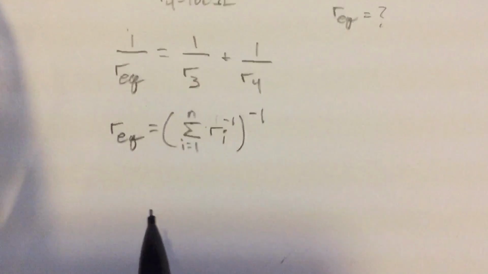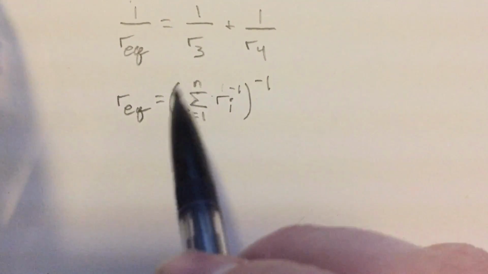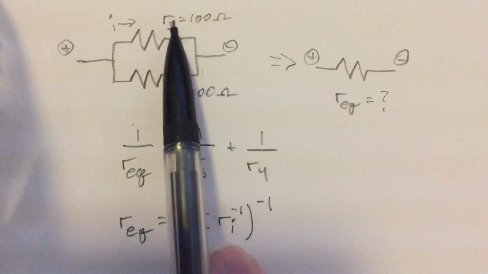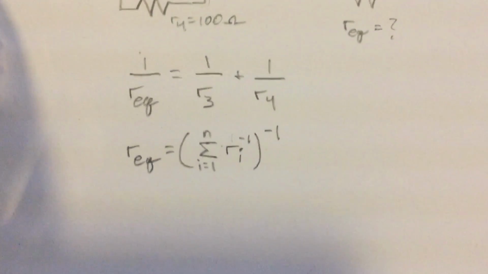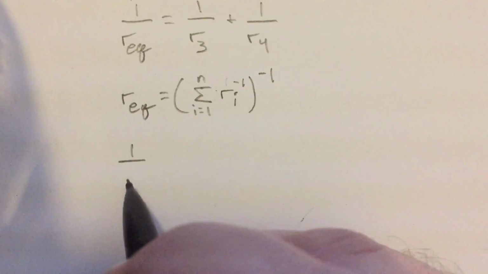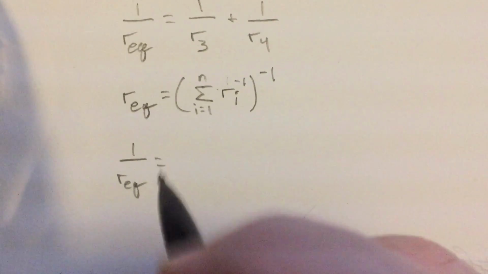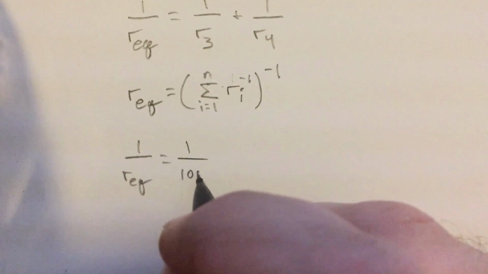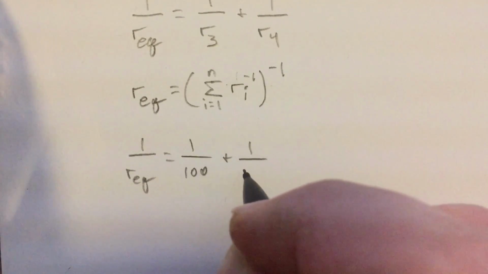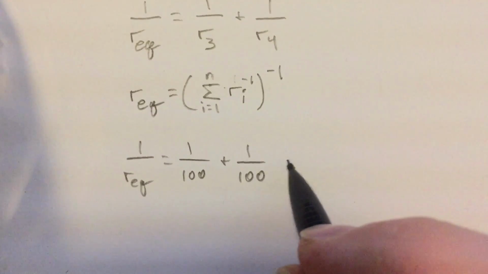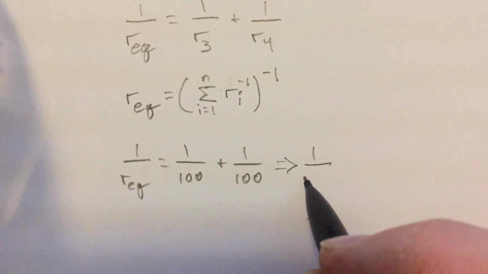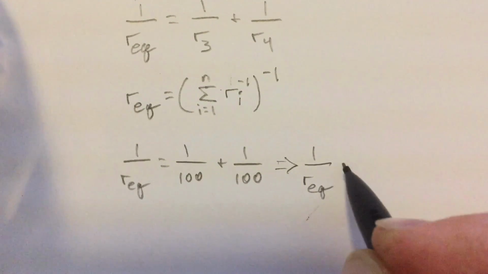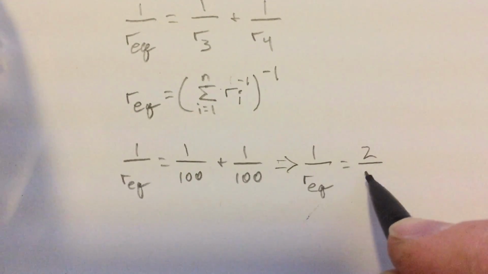So we want, in this example, just the resistive equivalence of 200 ohm resistors in parallel. So 1 over R_eq is equal to 1 over 100 plus 1 over 100. And that comes to 2 over 100.